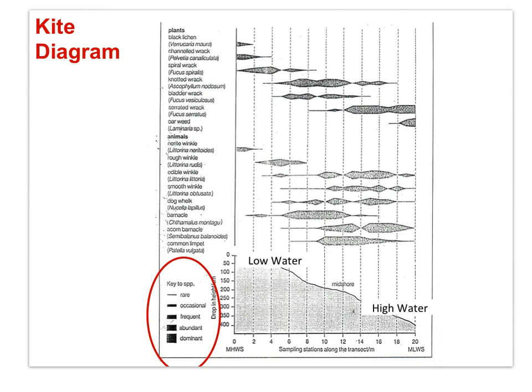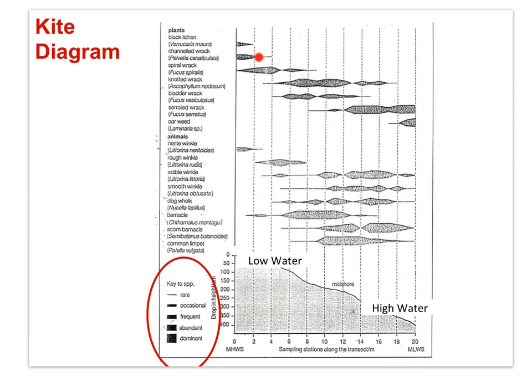In this diagram, we can see an intertidal ecosystem displayed here. High water, wet, low water, dry. Water is the likely abiotic variable of importance that determines the presence, absence, abundance of different species. This is a kite diagram, and we can see the distribution of species along the gradient, and their abundance is represented by the thickness of the bar.